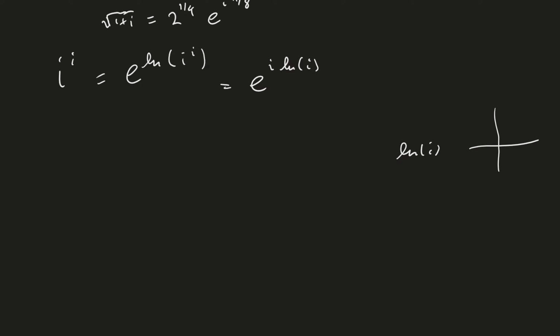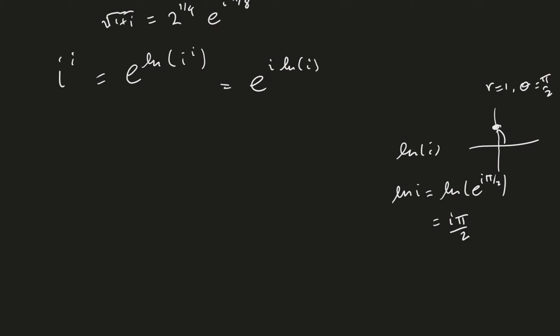Remember, in polar form, where is i? It's right there. And so r here is equal to 1, and theta is pi over 2. And so therefore, the natural log of i is equal to the natural log of e to the i pi over 2, right? And so that's going to be i pi over 2.